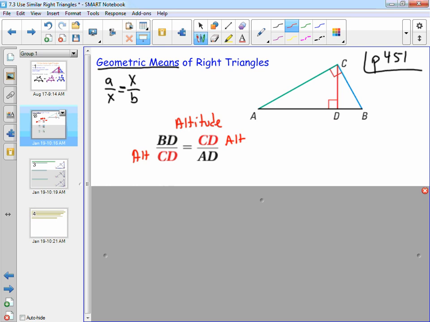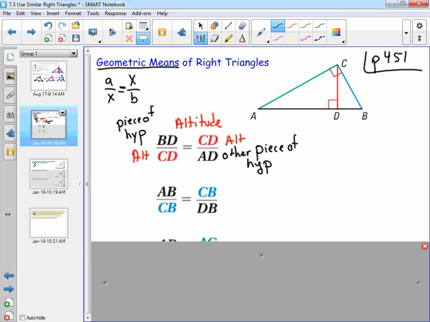So if you look at CD, it intersects the hypotenuse AB and creates these two segments, segment DB, or in this case labeled BD, and piece AD. And again, HYP I'm using to represent hypotenuse. So that is one of the geometric means you're going to see.